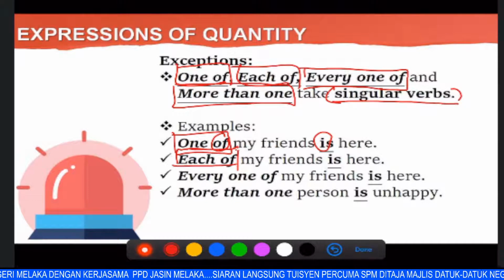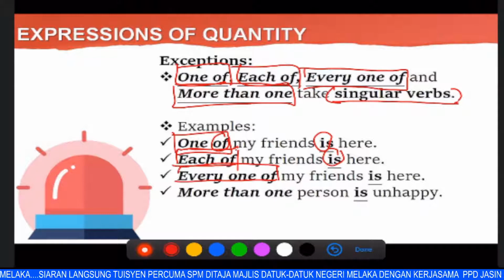After each of, the verb should be in singular form, so that's why we use is again here. Third example, every one of. Again, it applies the rule for exceptions and takes the singular verb is.